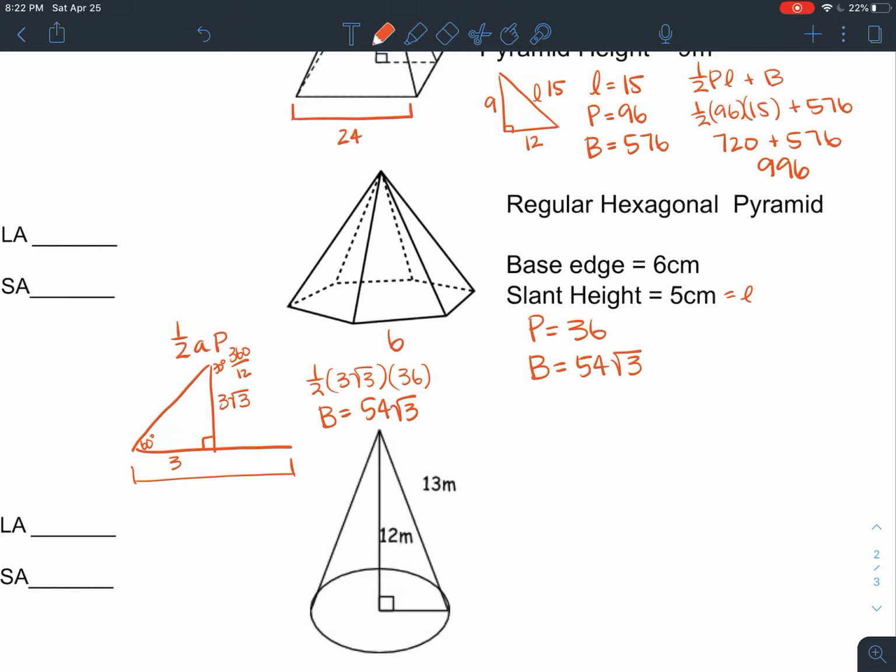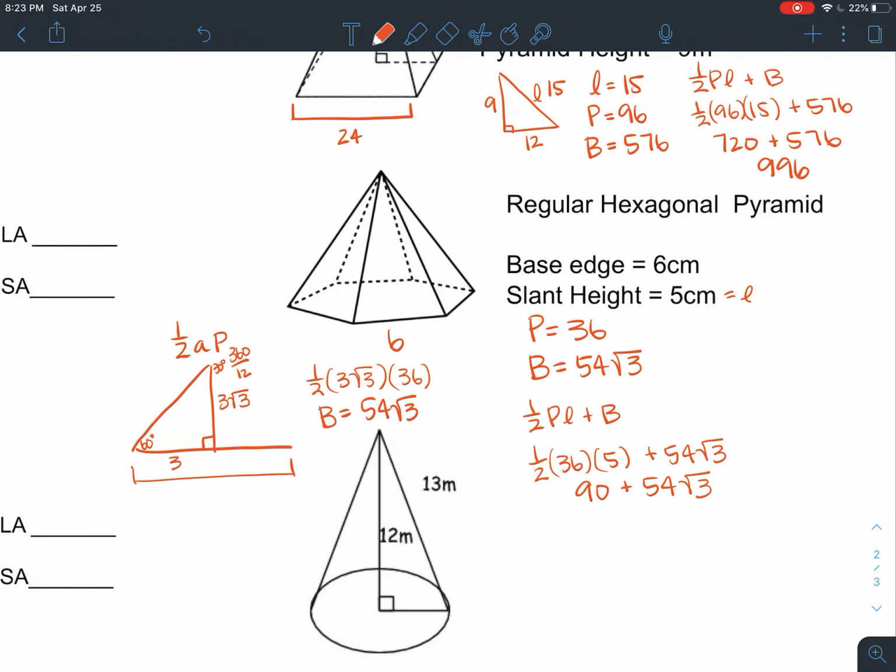And now we can work on getting it all plugged in. So 1/2 PL plus B is our formula. 1/2 perimeter of the base is 36. The slant height, it tells us, is 5 plus 1 base at 54 square root 3. All right, so for the first half, I'm going to do 18 times 5, which is 90 plus 54 square root 3.